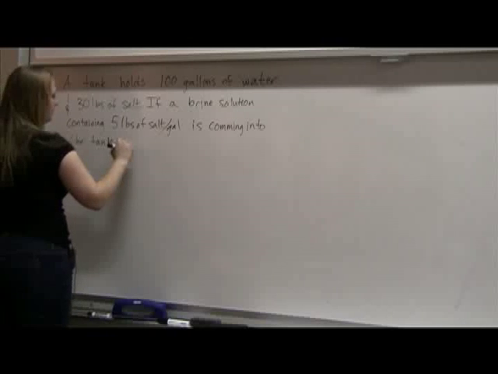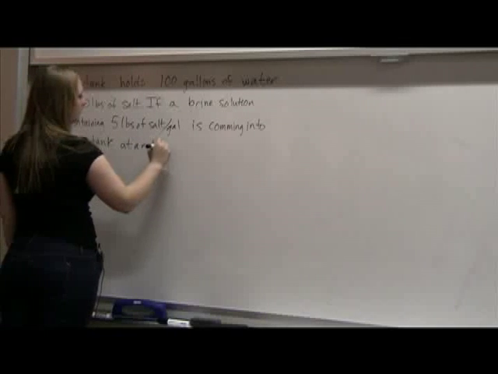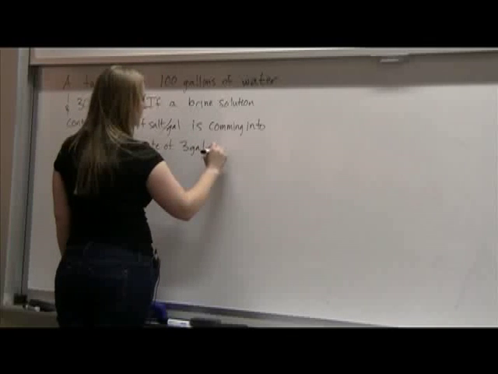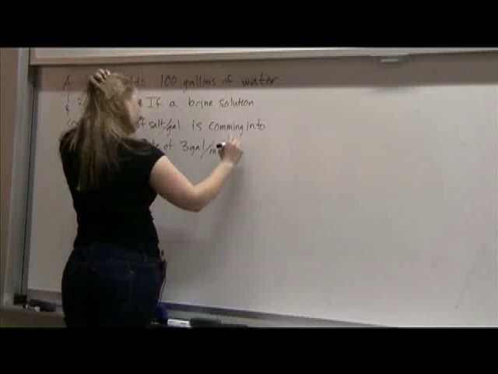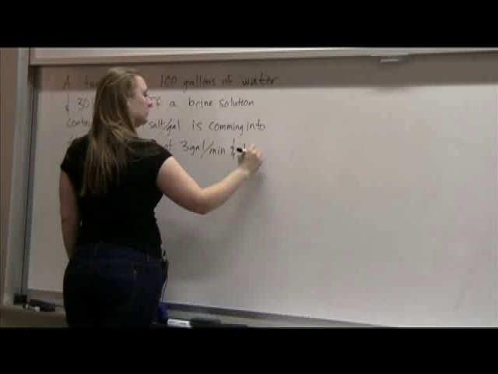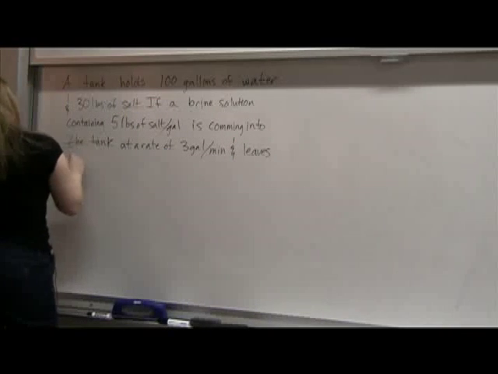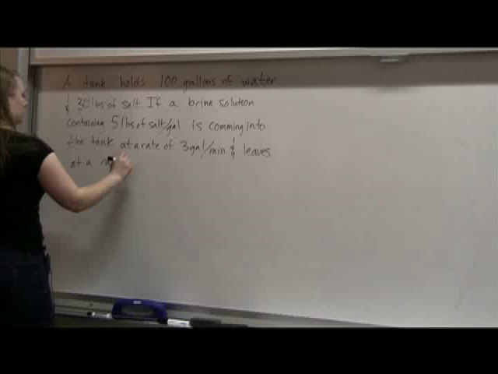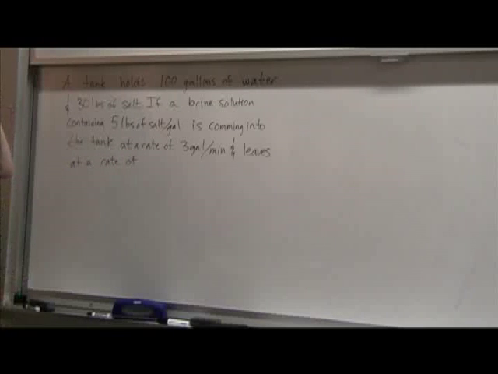To the tank at a rate. Let's go 3. A tank has 100 gallons of water and 30 pounds of salt. Brine solution of 5 pounds per gallon enters at 3 gallons per minute and leaves at a rate of, let's go 2.